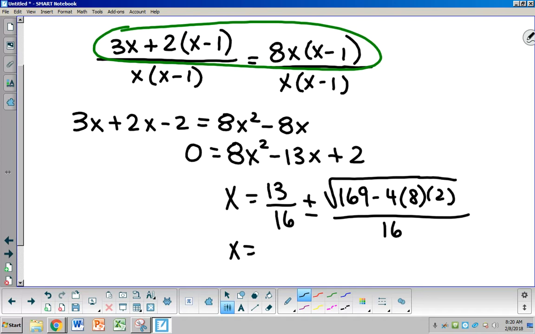So that's going to be x equals 13 over 16 plus or minus, I happen to have done that math already, the square root of 105. And those are certainly not equal to 0 and 1. So we're okay with those answers?